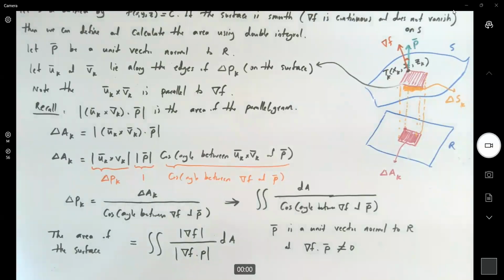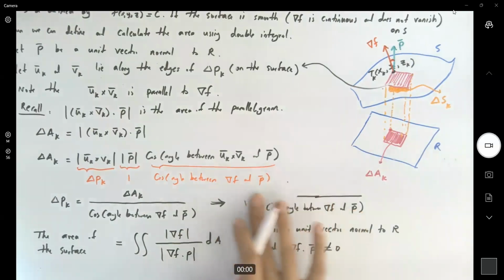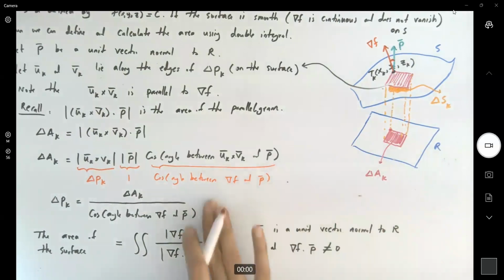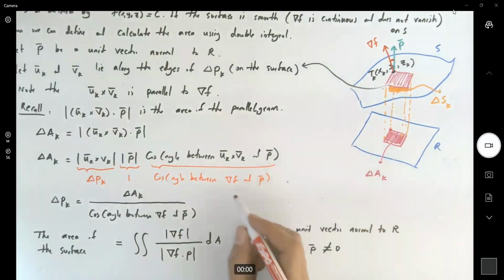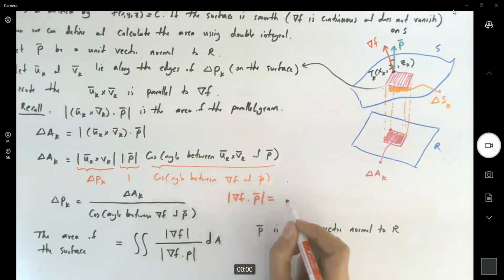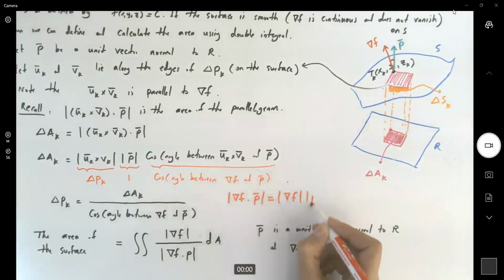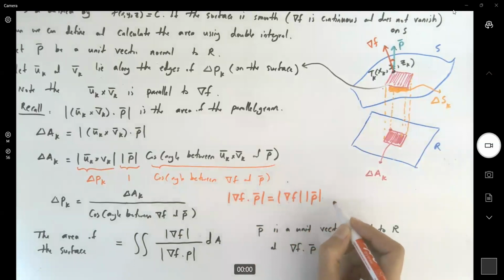Just a quick reminder for you. Let me erase this part of the board so I can write it for you. When you're talking about the gradient of f dot p, this can be written as the magnitude of the gradient times the magnitude of p times the cosine.